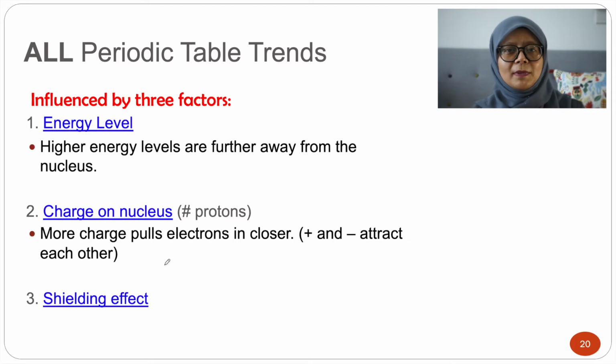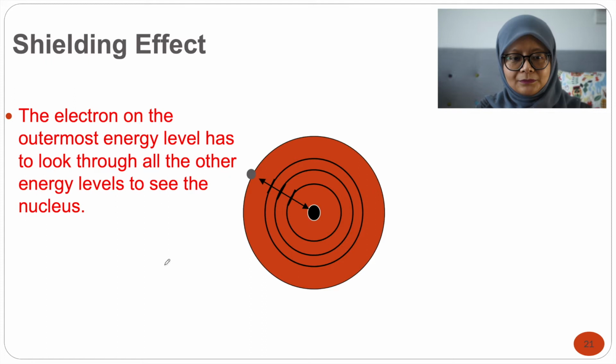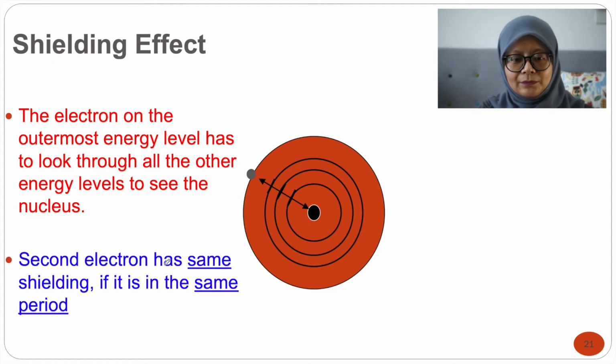So what do you remember, or what do you know about shielding effect? Shielding effect is actually when the electron on the outermost energy level has to look through all the other energy levels, for example here, here and also here, to see the nucleus.